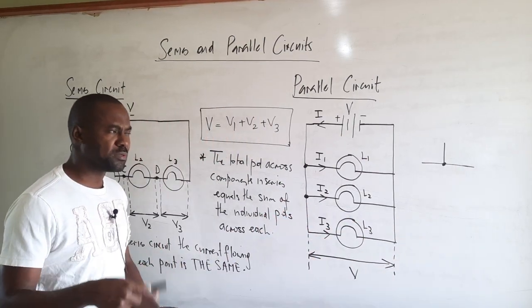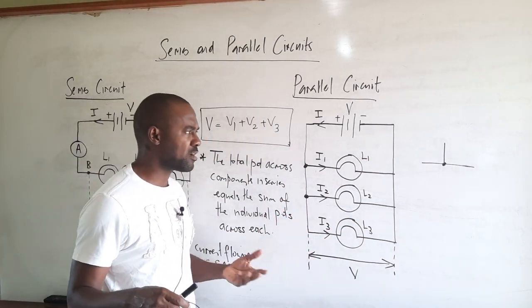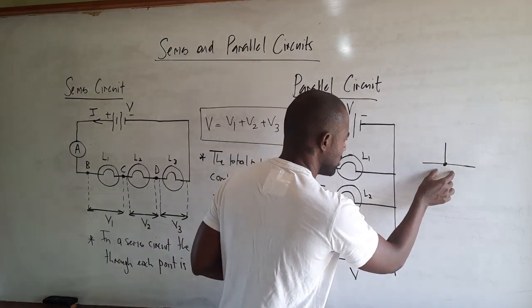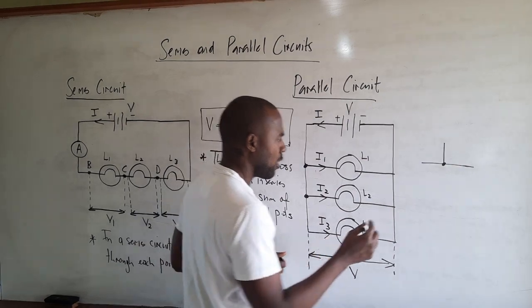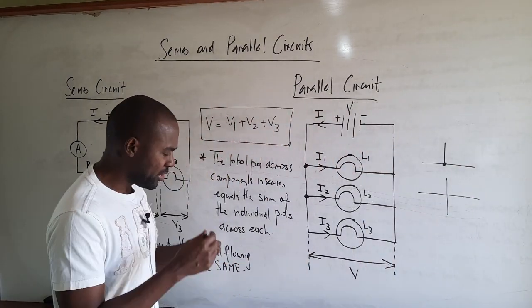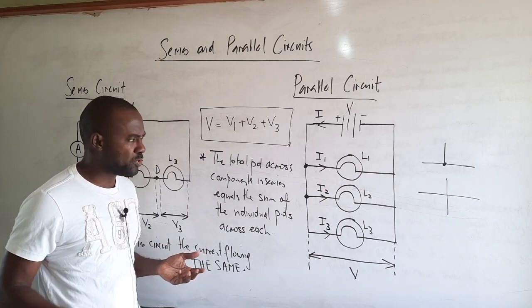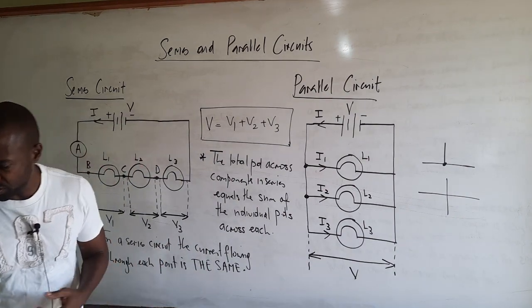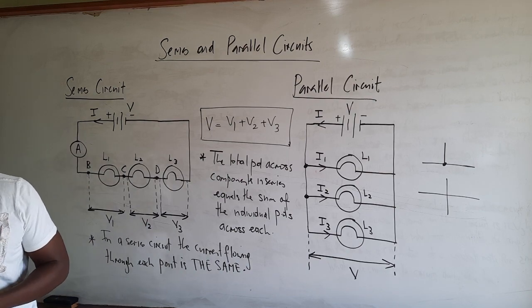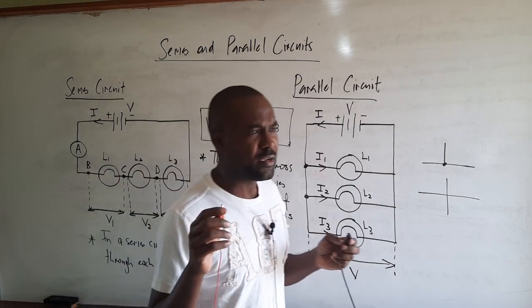And of course, you should be able to differentiate between where the wires are connected as opposed to where they just cross, right? So this is meant to indicate a junction where the two wires are connected. However, if it looks like this, then it basically means that the two wires just cross. They are not connected to each other. And we can actually demonstrate this using two wires, right? So let's say these are our two wires.